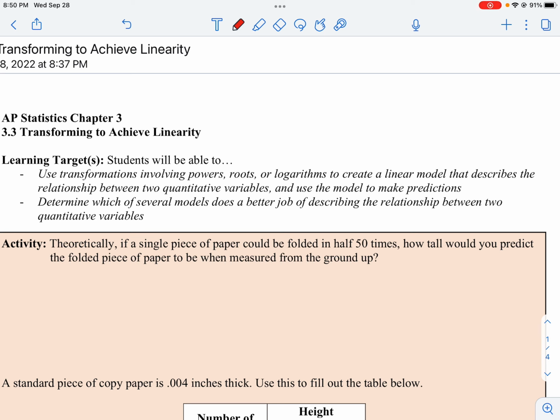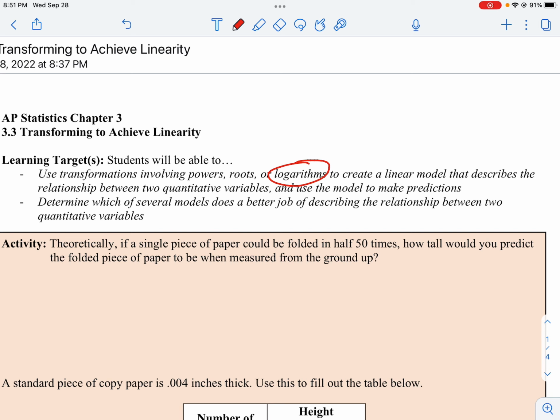And then number two, determine which of several models does a better job of describing the relationship between two quantitative variables. So if we have 2, 3, 4 different models for a relationship, how do we determine which one is the best to use?